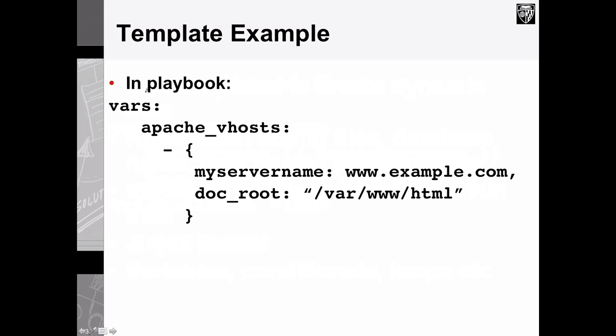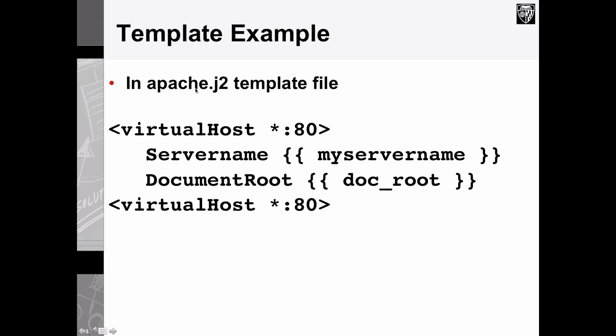In my Apache playbook, I have defined variables called apache_vhost. I'm defining the name of the server, www.example.com. I'm specifying the document root as /var/www/html. So this is in the playbook; I'm defining my variables. In my apache.j2 template file, I'm using the variables that I had passed.